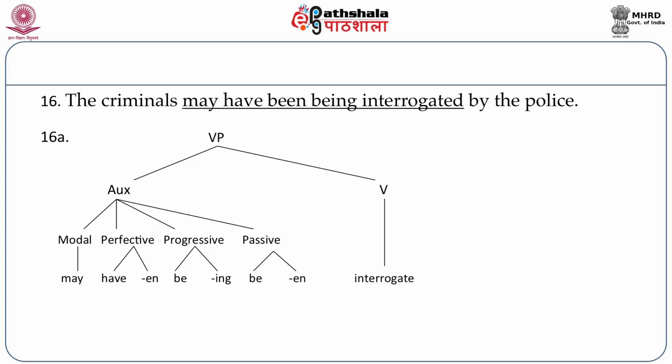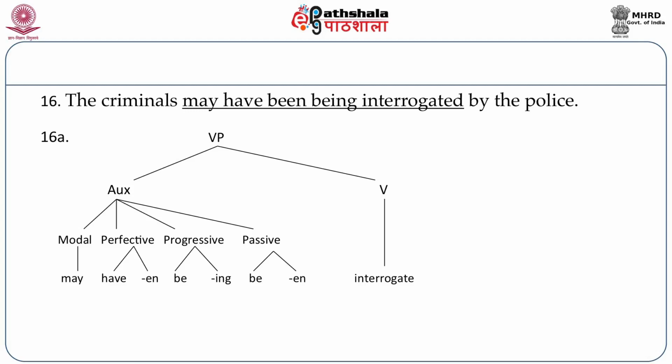And as you can see in this verb phrase in 16a, we have a modal, may have been being interrogated. So we have a modal which is may, and then we have the perfective marker which is have, and the suffix for perfective marker is en.